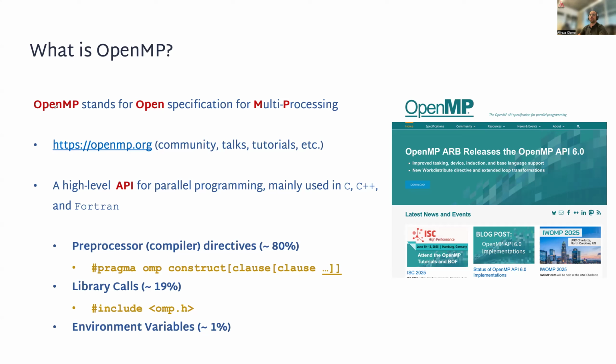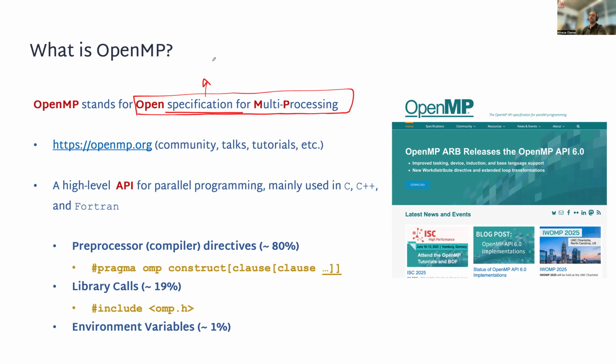Okay. So OpenMP stands for Open Specification for Multiprocessing. So this is the meaning of the acronym, right? And as it's clear in the definition, you can see it's a specification.